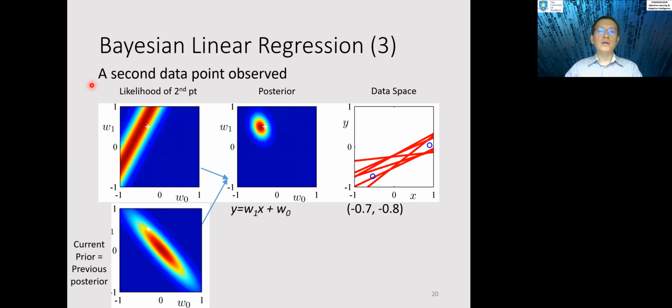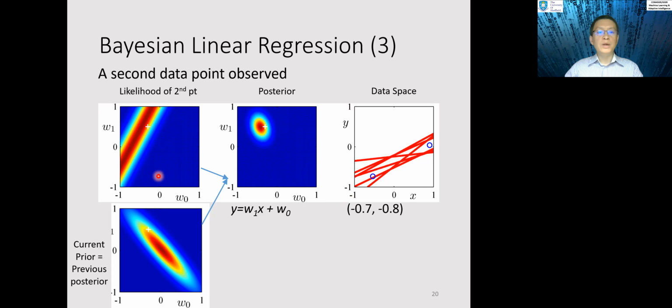Now let's say we have a second data point observed, which is over here. This data point has a likelihood like this. These are the values of W0 and W1 that are likely to have this data point on the line.